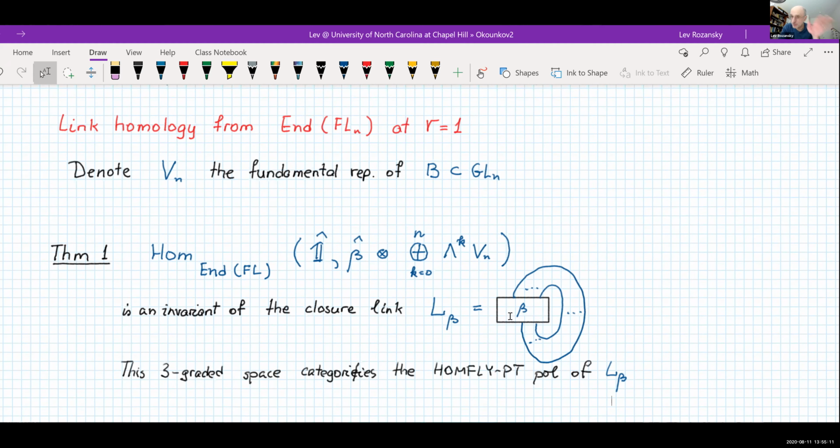So these are special matrix factorizations here. And I mentioned that this category, let me say it, our category, endomorphism of FLN, is almost a center of a free category.